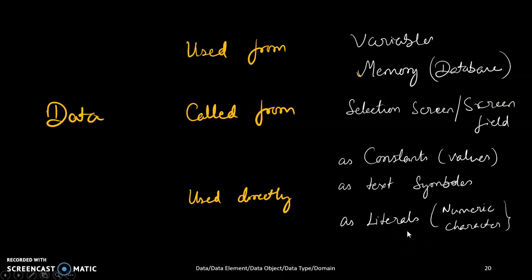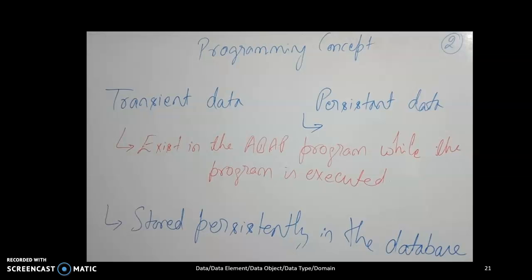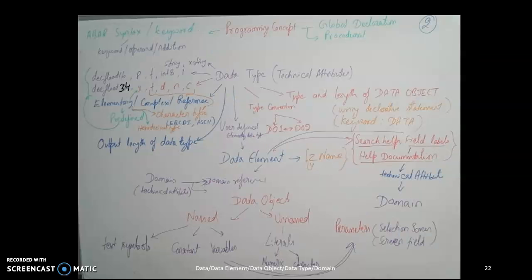A literal is data which is not in the database; rather, you write it in a program and it is used inside the program, and after the program is gone, this data also goes. So data which is in the work process is called transient data, and data which is persistently loaded in the database, updated in the database over time, is called persistent data.